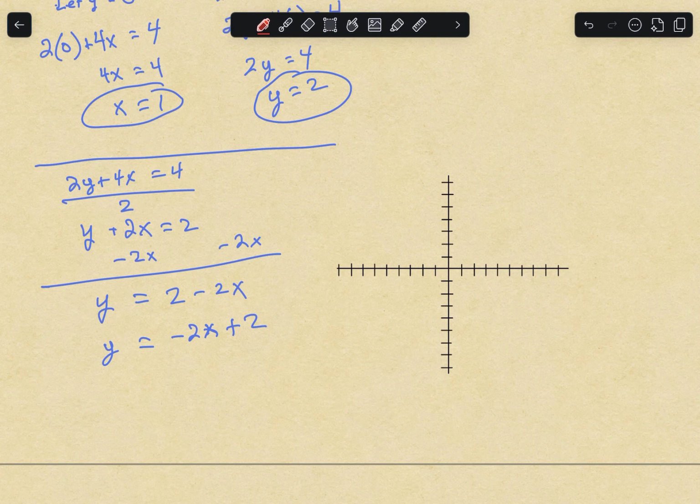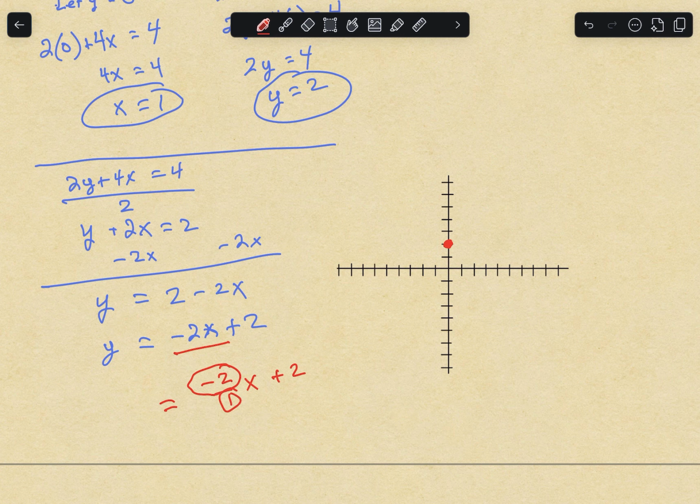Okay, so we have y-intercept equals 2. And now we're going to go down. Remember, this right here can also be written as negative 2 over 1 x plus 2. That means this is your rise, this is your run. So it's a negative 2.